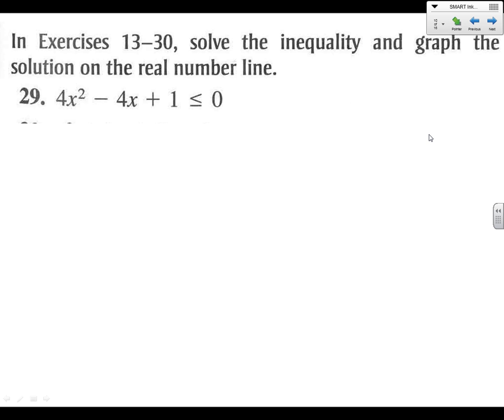See if you can figure out the odd part of 29. All right, if we look at our determinant here, b squared is 16 minus 4ac. This is 16 minus 16.